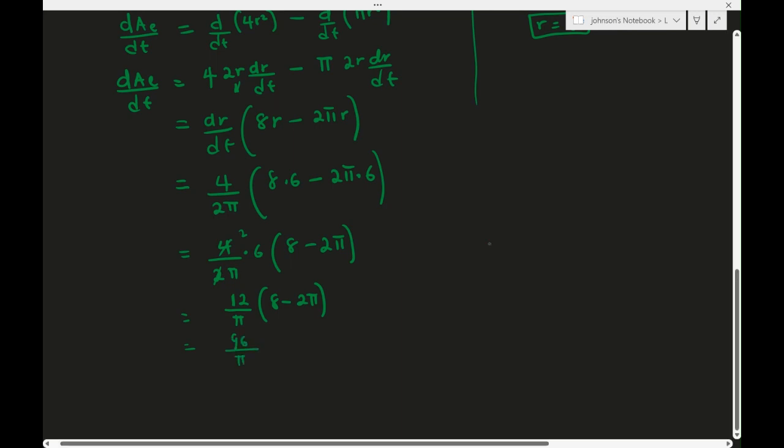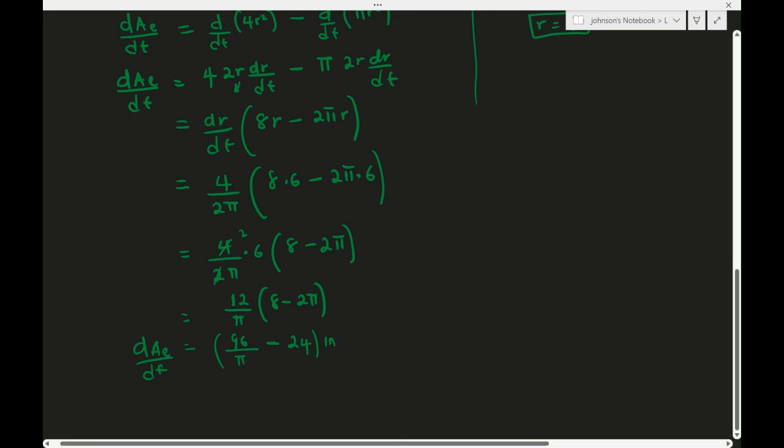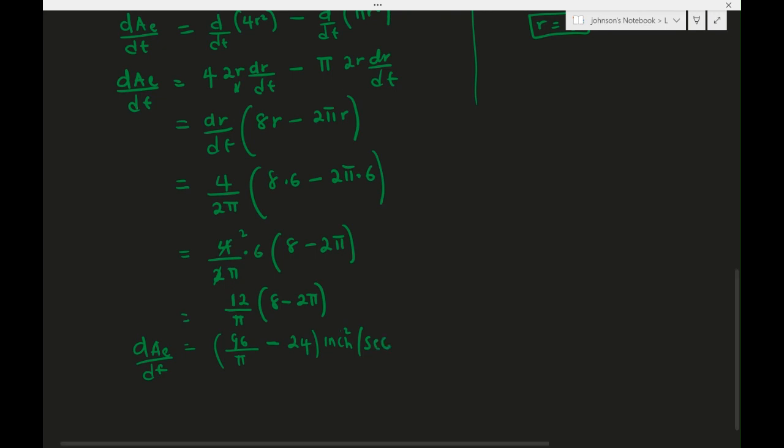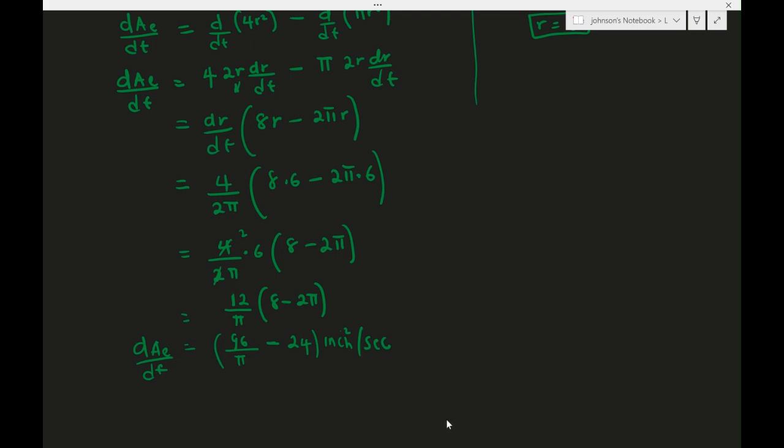So you have 96 over pi, then minus, if you expand this it will just give us 24, because pi will cancel pi. And your answer should be in inch square per second, because it's area. So this is inch square per second. All right.